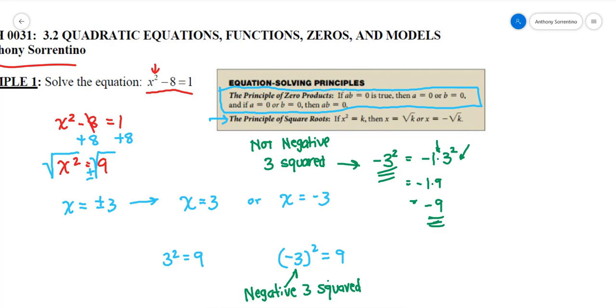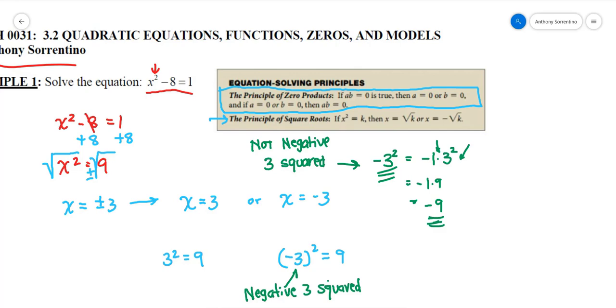If I have two things multiplied together and I get 2, one of them doesn't have to be 2. I could have 4 times a half and get 2. I could have a whole bunch of different combinations to multiply together and give me 2. 0, on the other hand, if I end up with the product being 0, one of the numbers or one of the quantities has to be 0. That's the only way to get it.